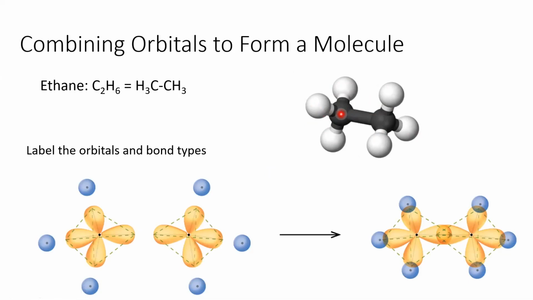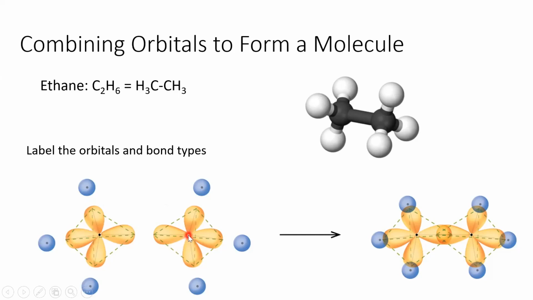We want a hybridization that's going to give us 4 equivalent orbitals. So sp3 gives us 4 equivalent orbitals. So this is an sp3 hybridized orbital. This is an sp3 hybridized orbital. This is an sp3 hybridized orbital. And this is an sp3 hybridized orbital.